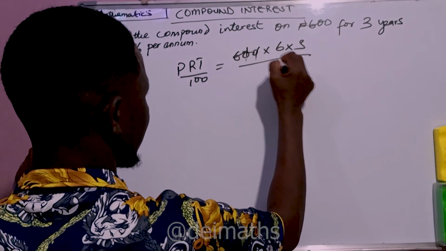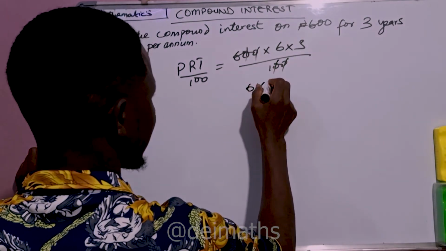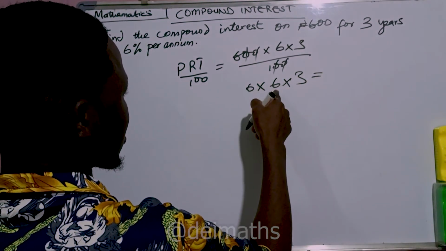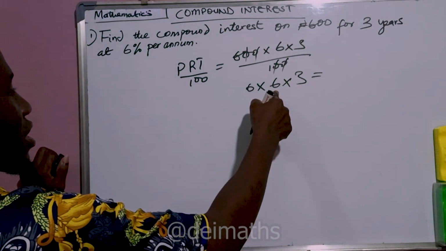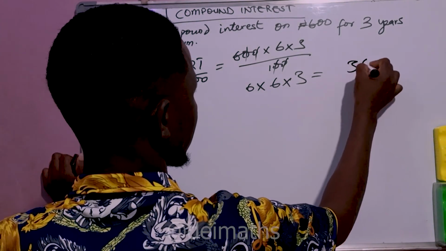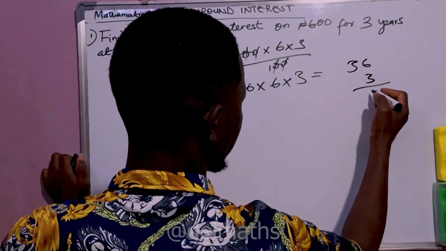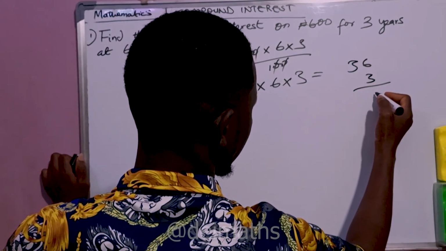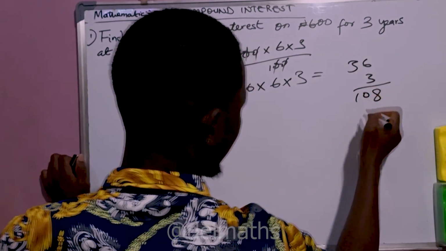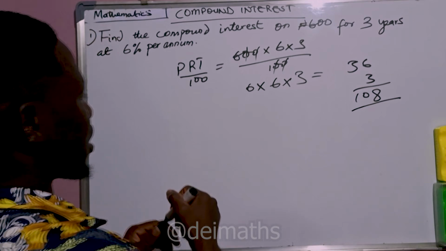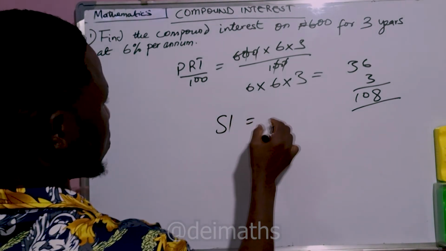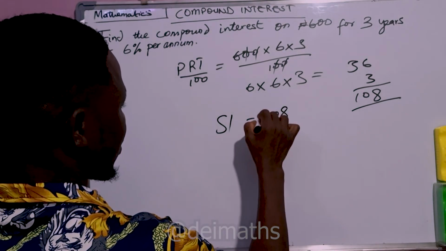So if I cancel here, I will have 6 times 6 times 3, which is equal to 6 times 6, 36. 36 times 3: 3 by this is 18, 3 by this is 9 plus 1, 108. That means in 3 years, my simple interest will be 108 naira.